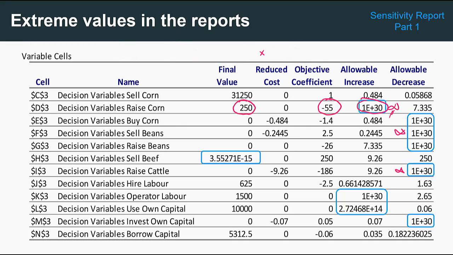Let's get back to this number here. This is actually 3.55271 times 10 to the minus 15. Because here it's a minus sign, not a plus sign, 10 to the minus 15 is really close to 0, as you can see if you draw the graph of the exponential function. So 10 to the minus 15 is 0.